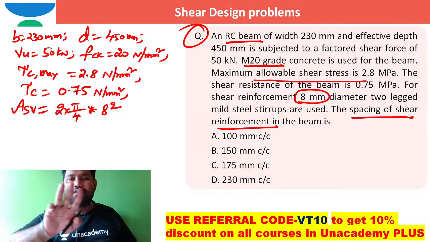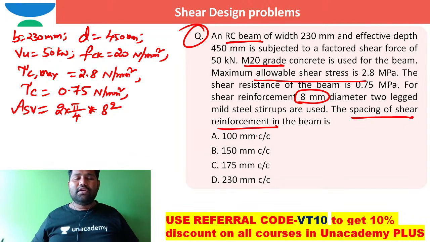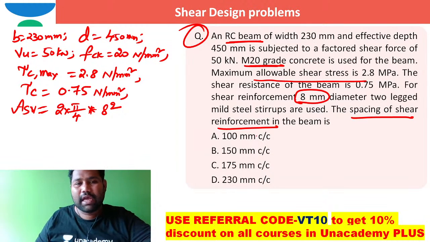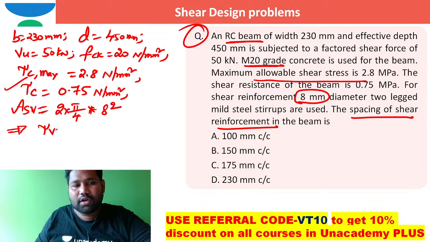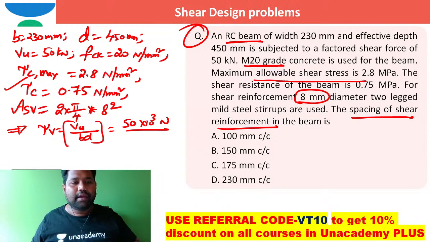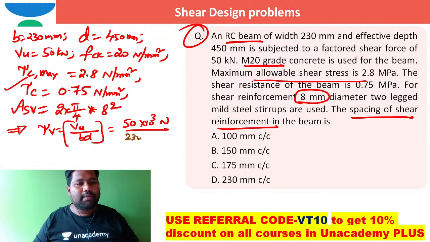Work out the spacing of shear reinforcement, there are three conditions. To understand which correct formula I can use, I need to compare tau v and tau c. Tau c is already given to me. I need to work out tau v. How I can work out tau v is the factored shear force developed on the section, which is 50 into 10 cube Newton, divided by B into D. B is 230 millimeter and effective depth is 450.